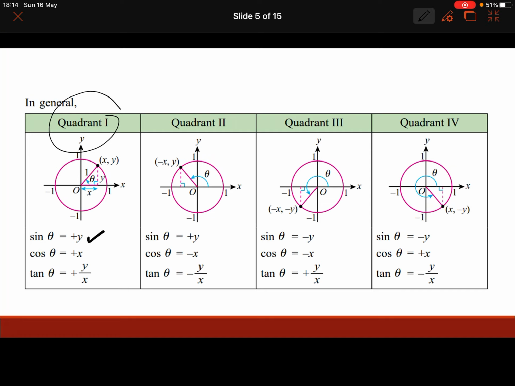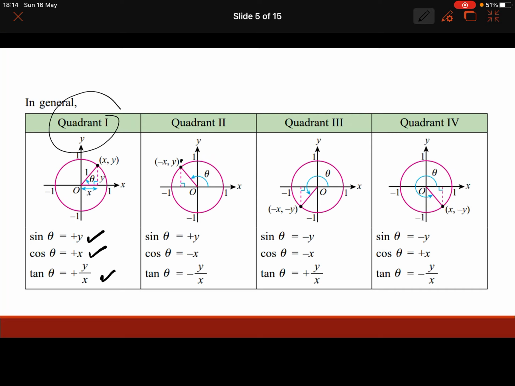The cos theta is the x coordinate, and the tan theta is y over x. In the second quadrant, the sine theta is the y coordinate, the cos theta is the x coordinate, but our x coordinate now is in the form of negative, so we use negative x, and the tan is y over negative x, so that's why our tan is negative.